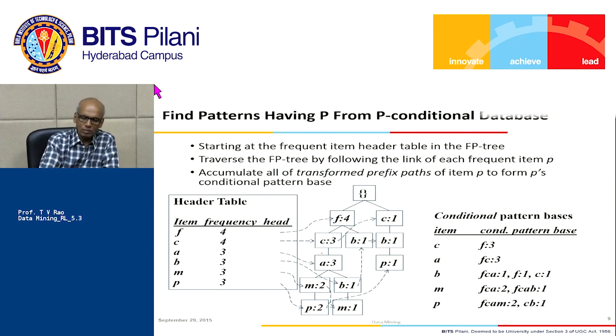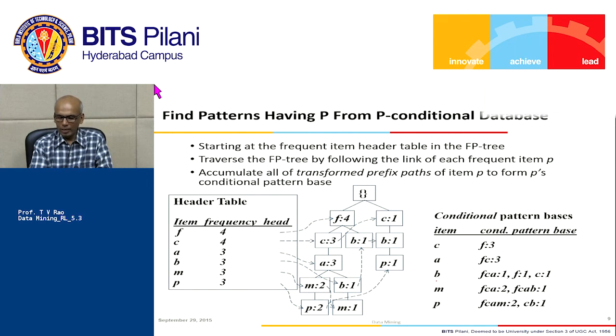Though A is occurring with C, that will come in a different level, because we know that C is at a higher level than A, which is more frequent. So when we want to find the items which have a higher frequency and occur with it, we find F. Similarly for A, we find FC3. So we know that AFC is going to be a frequent item set if we have a support of 3.